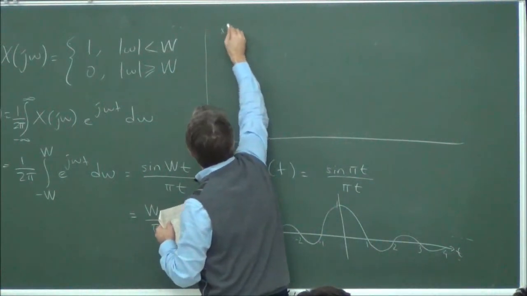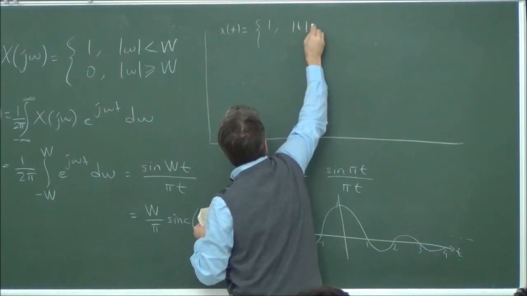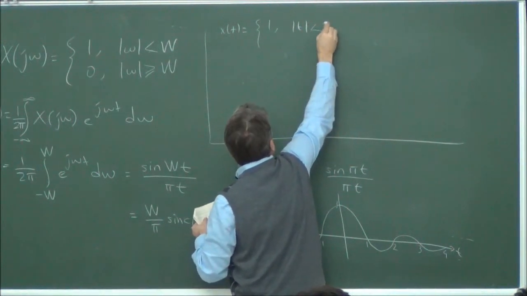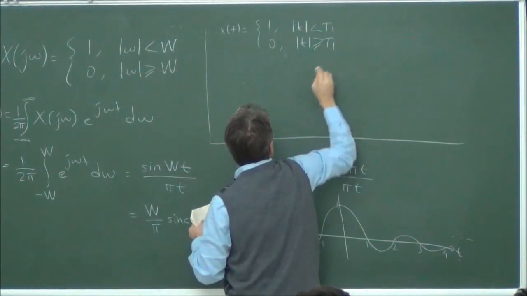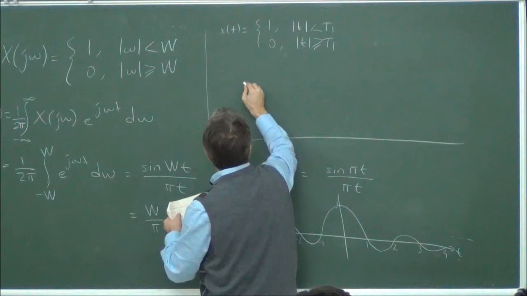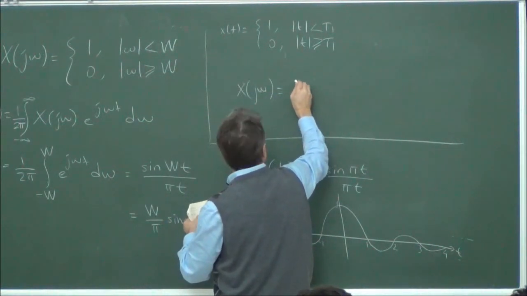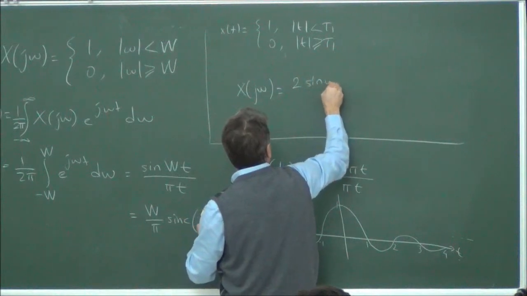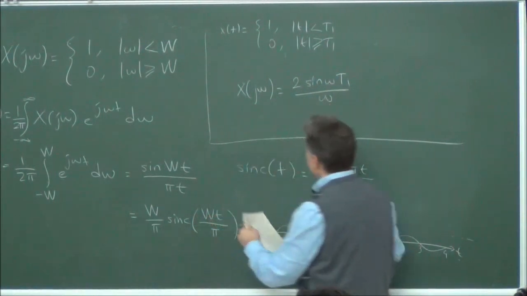It was x of t is equal to 1 for magnitude t less than t1 and 0 for magnitude t greater than t1. And x of j omega was 2 sine omega t1 over omega.